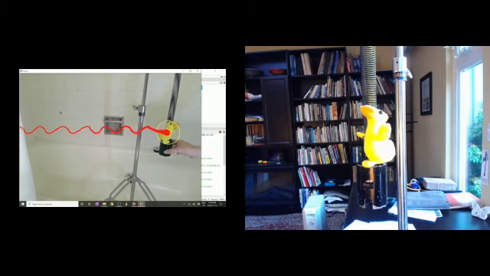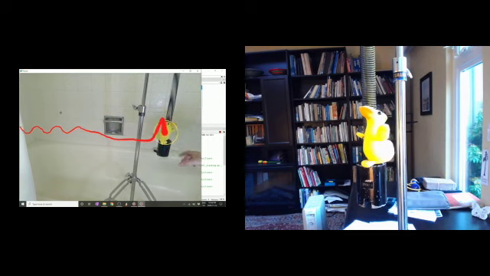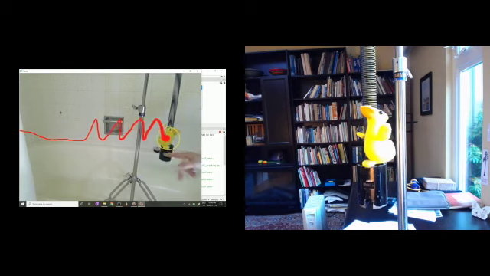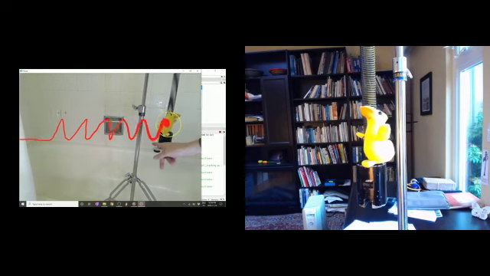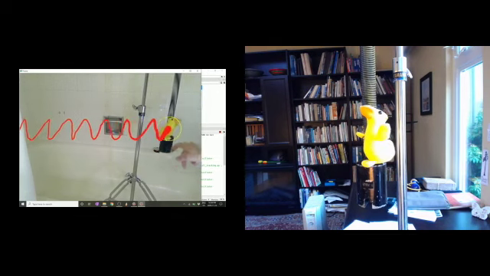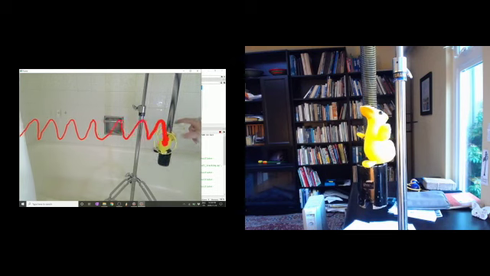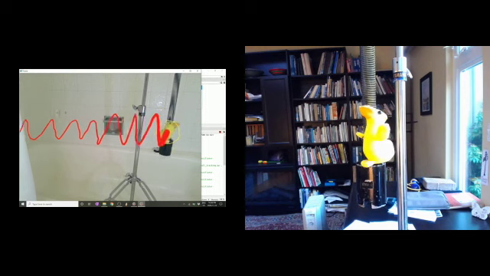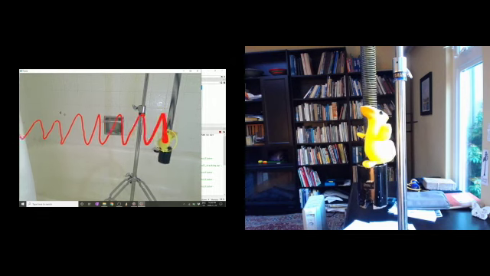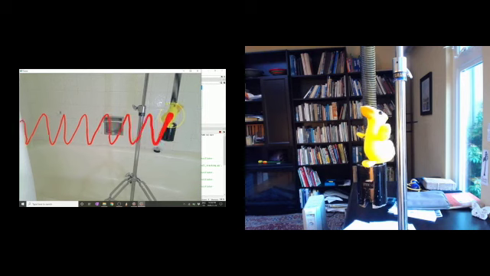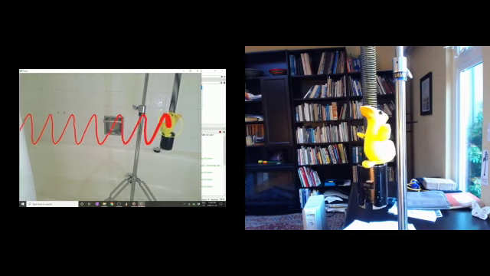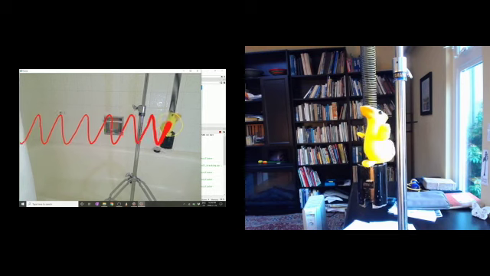And so if we now make a larger amplitude oscillation, so we let it move up and down more, okay, now it's wobbling around quite a bit. But if we let it settle down there a little bit, there we go. We see at least more or less the period or the frequency of that oscillation is pretty much the same as it was before for a small oscillation. And so that's an important property of simple harmonic motion.